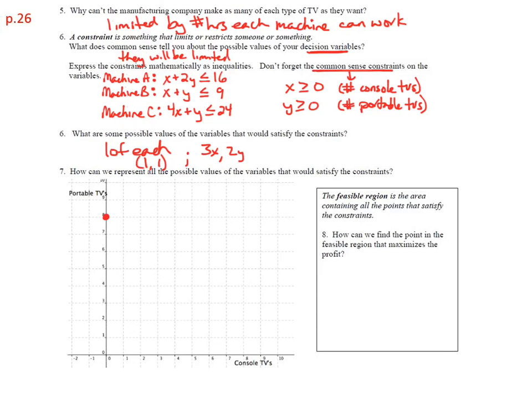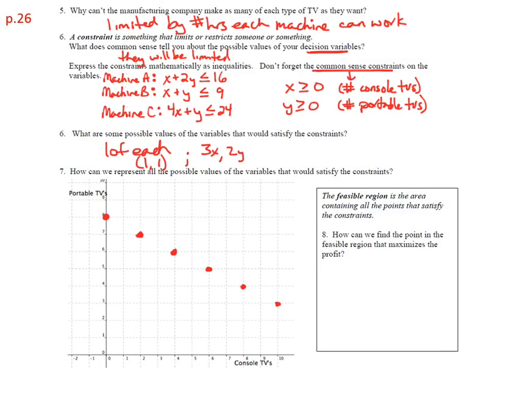So I'm up here at 0, 8. And then my x-intercept would be all the way over at 16. That goes off of the grid. So I can switch it to slope-intercept form real quick and find that my slope is negative 1/2. And then that makes it easier to graph.